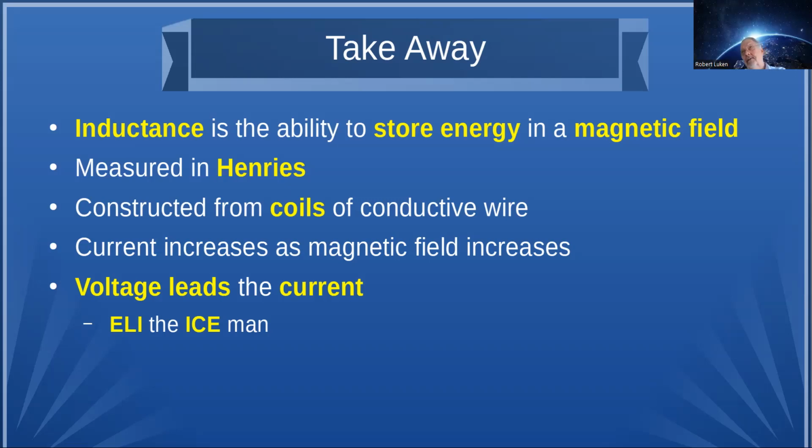Yeah, and it's part of reactance and phase shift. Because what you're seeing is a 90-degree phase difference between the voltage and the current in an inductor and a capacitor. Oh, okay, I got it.